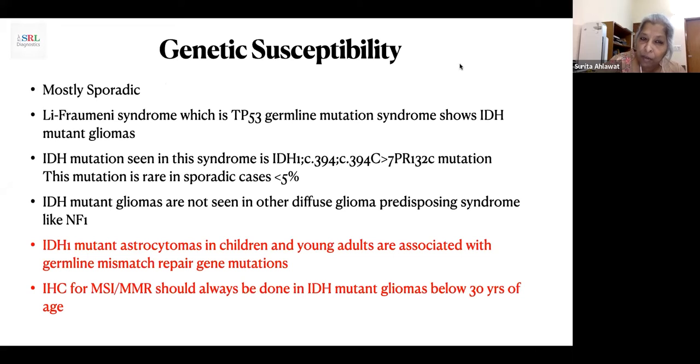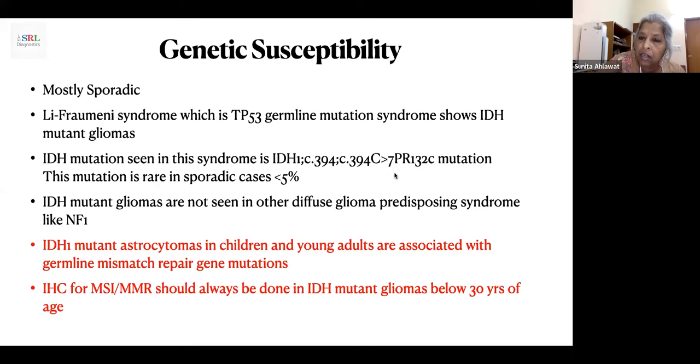These tumors are mostly sporadic, but have been associated with Li-Fraumeni syndrome, which is a p53 germline mutation syndrome. This syndrome shows IDH mutant gliomas, but the mutation of IDH seen with this syndrome is different.